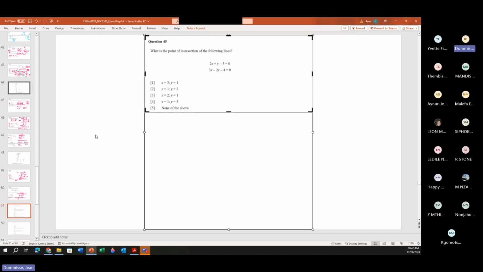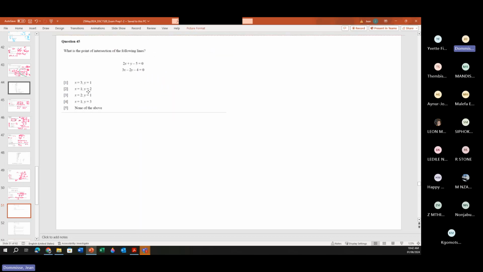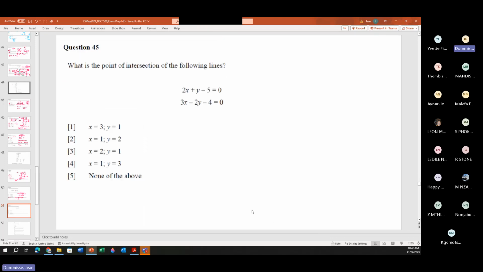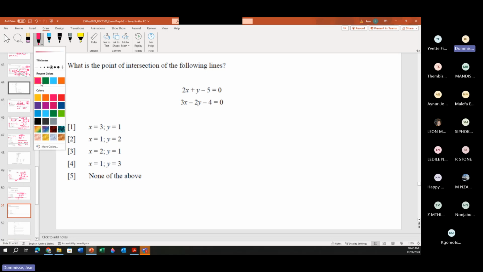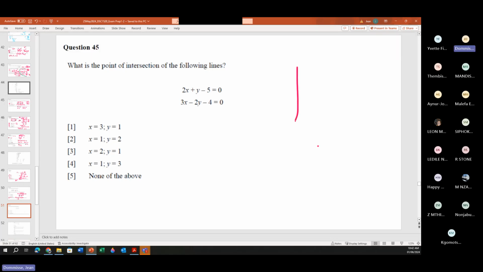We will just check that it doesn't clash with your session with the lecturer. Okay, so here they again give us 2 lines. They want us nearly to say, well, what is the intersection? So where does it cross?